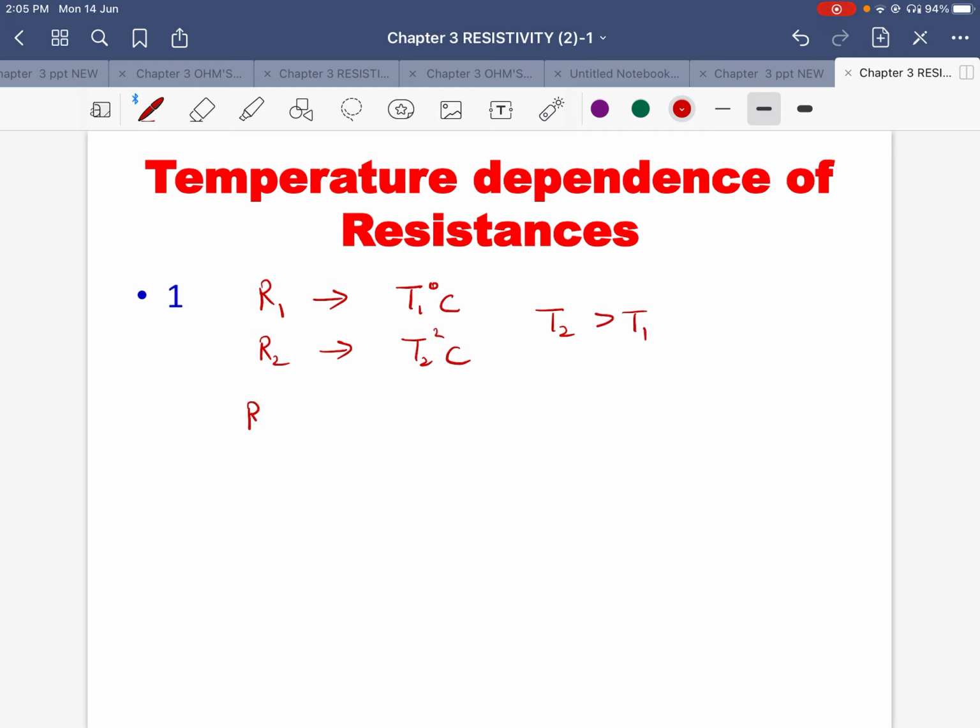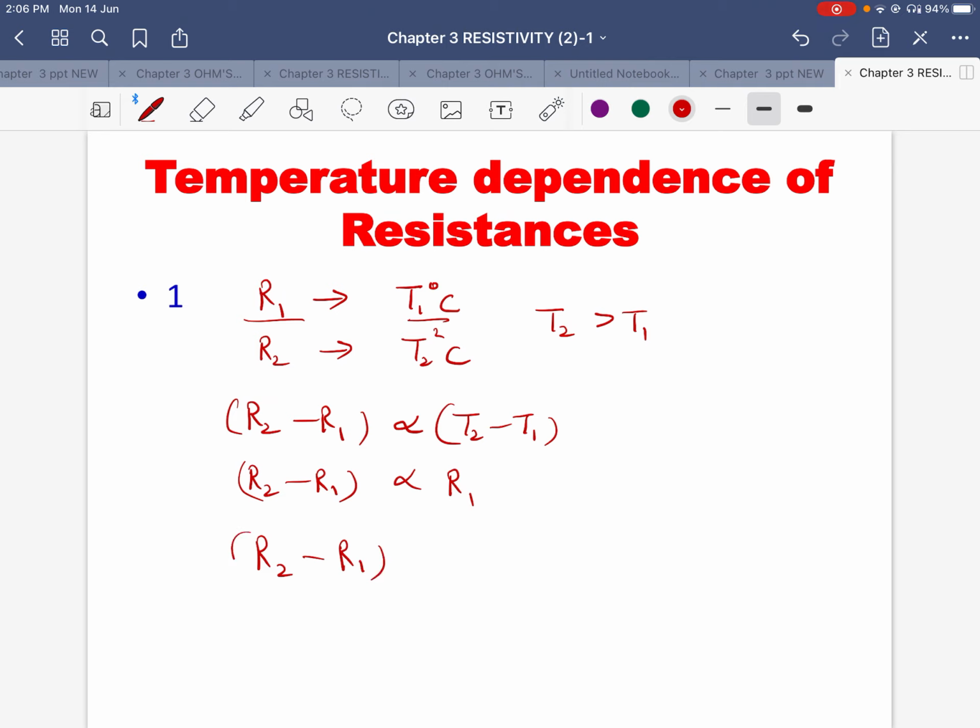Now the change in resistance, that is R2 minus R1, depends upon two factors. First, it is directly proportional to the change in temperature, meaning how much the temperature changes from T1 to T2. Second, the change in resistance also depends upon the original resistance, that is, the resistance at temperature T1. By combining these two factors, R2 minus R1 is proportional to (T2 minus T1) into R1. From here, this proportionality sign can be converted into equality.